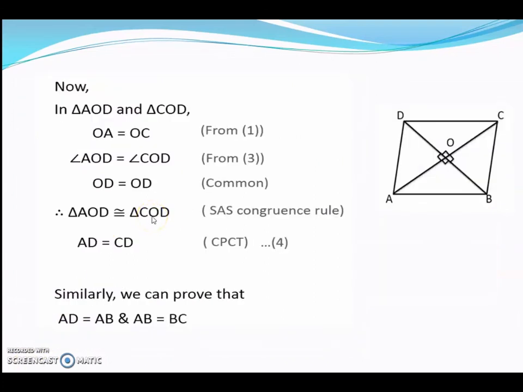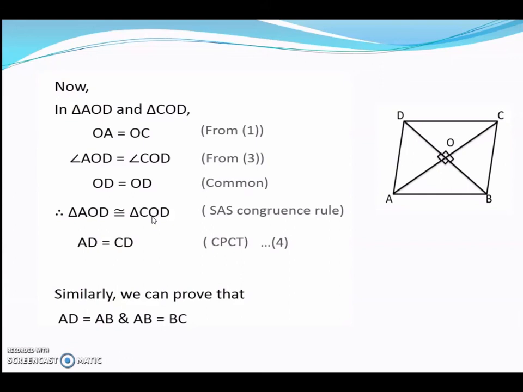So now that you have proved ABCD is a parallelogram, to show that it is a rhombus, between parallelogram and rhombus, the similarity or the difference that I can say, the special property of rhombus that is distinct from a parallelogram is that in a parallelogram only opposite sides are equal, whereas in a rhombus all sides are equal.